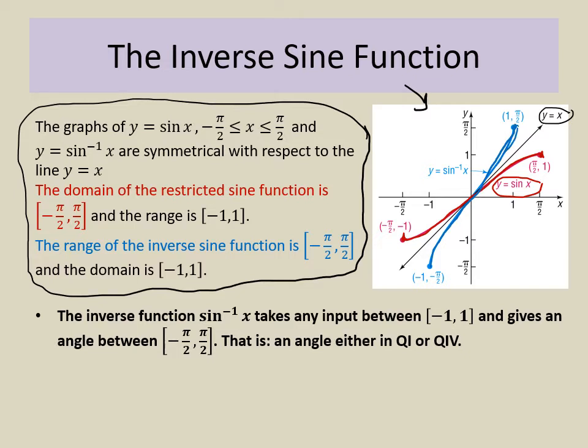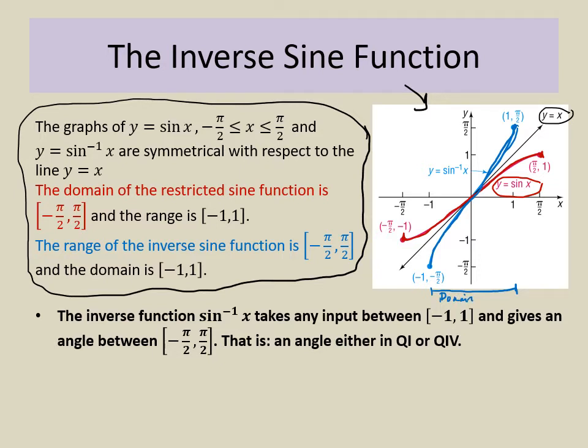I'm not going to ask you to graph the inverse sine function, but you should know what it looks like. You should also know the domain and range for them. So what would the domain of the inverse sine function be?